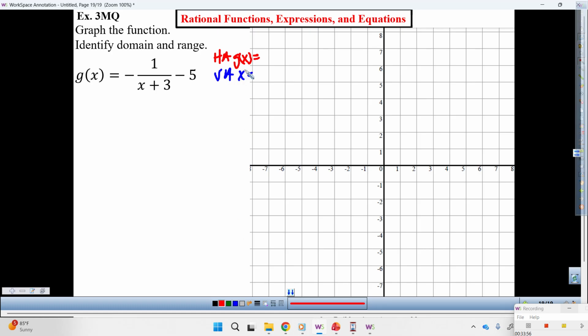Geo, what's our HA? -5. Hands if you got -5. That is correct. So you plot your point at that is X. At G of X, -5, which is down here. I did that to see if you guys were paying attention.